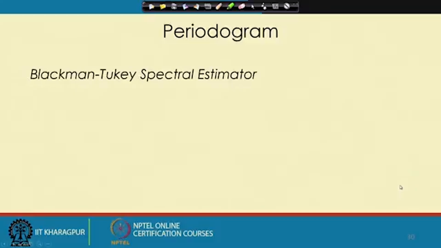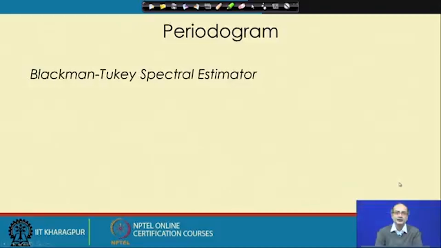Now, we get another suggestion, because the averaged periodogram could not solve our problem. We can accept that it is better than the original periodogram and helps to reduce the variability in the PSD, but it does not completely eliminate the problem. So, these two gentlemen, Blackman and Tukey, came forward with their analysis and suggestion to give a better solution.